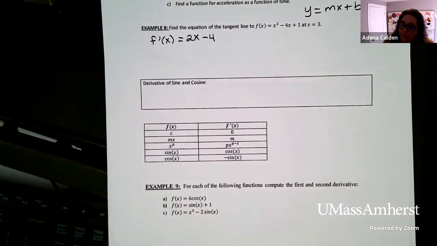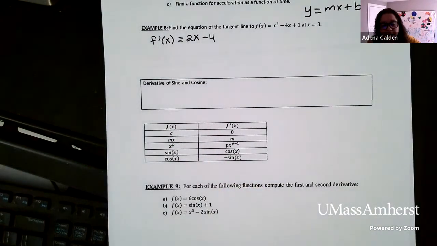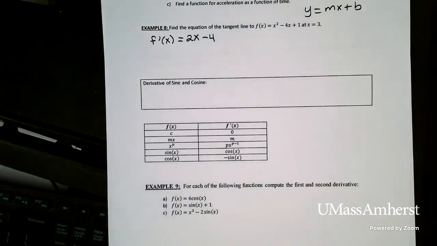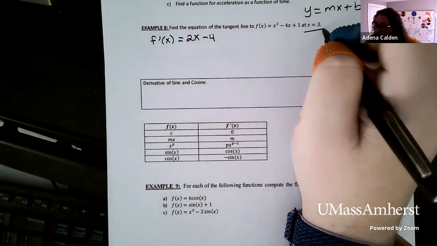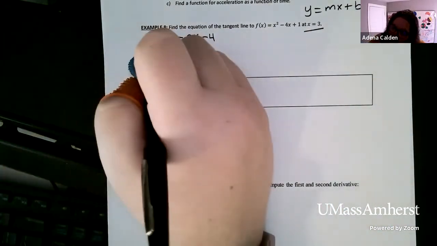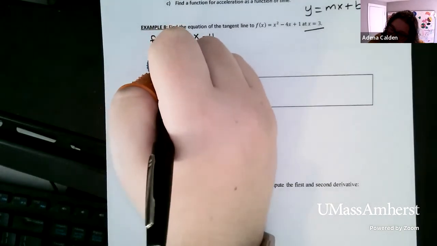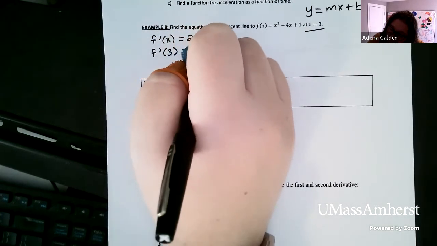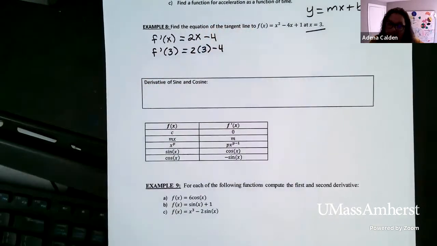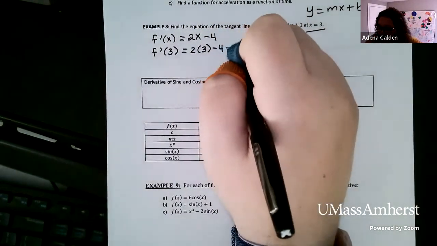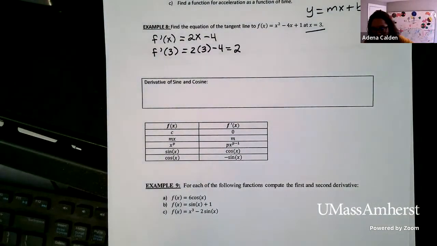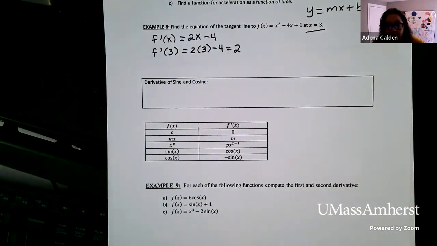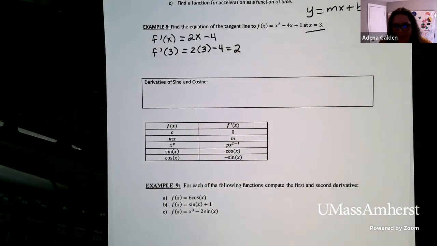This is the derivative function, which gives me the rate of change at any point I want. The point I want is x equals 3, so I plug that into my derivative and get 2 times 3 minus 4, which gives me 2. So plugging a value into the derivative gives me the slope of the tangent line at that point, which represents the rate of change.